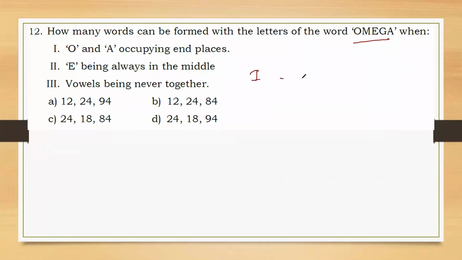Case 1. We have the 5-letter word OMEGA. In that, O and A occupy the end places. Either you can have OA here or AO here. To fill the end places, how many possibilities are there?